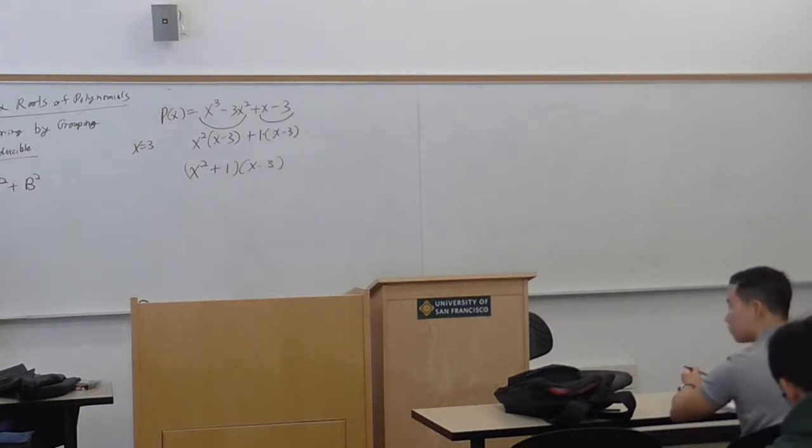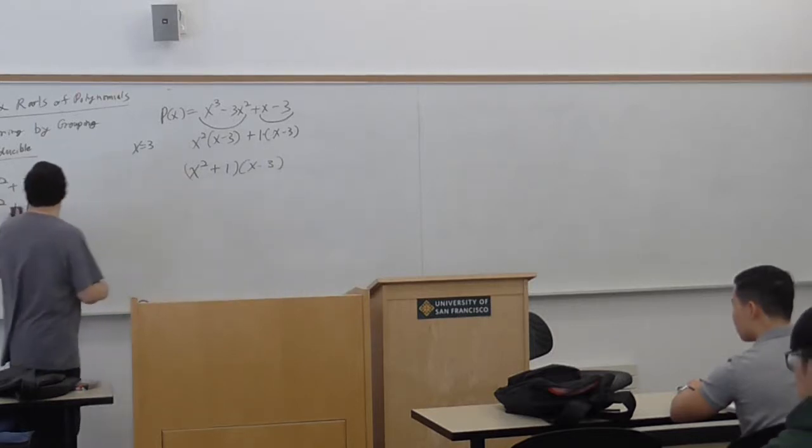How about someone in the second row? Anyone remember how you factor a squared plus b squared? It's a little tricky until you see how it fits in with a squared minus b squared.